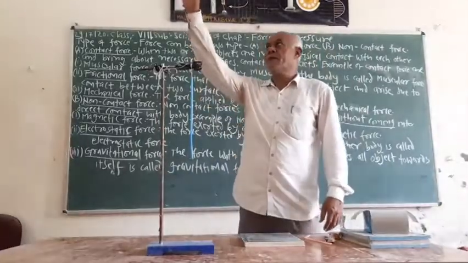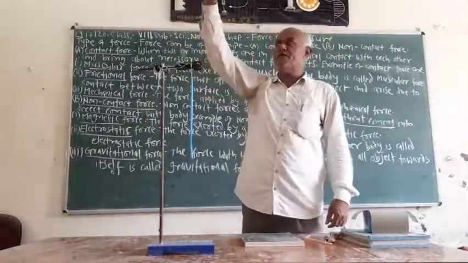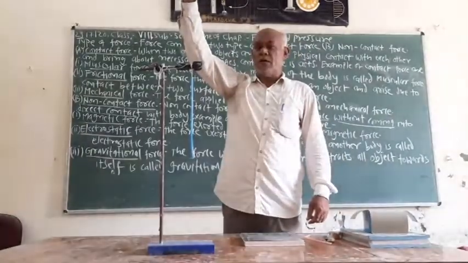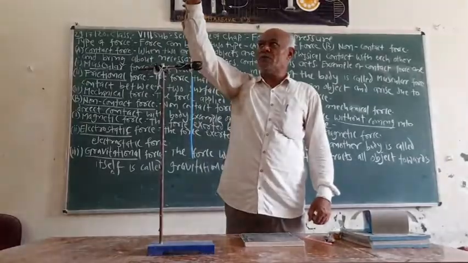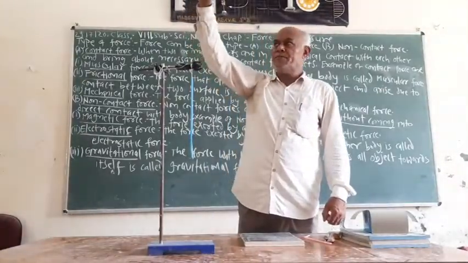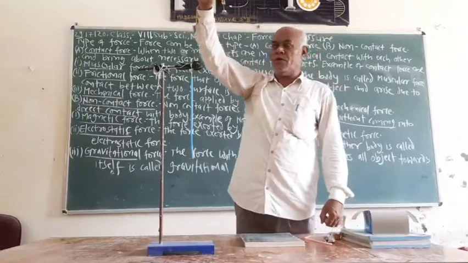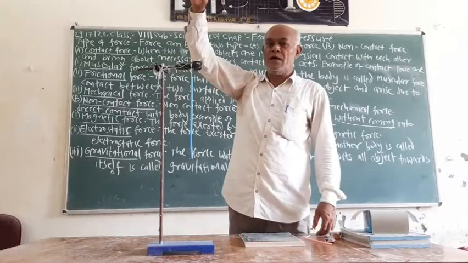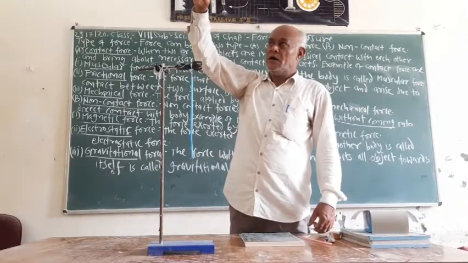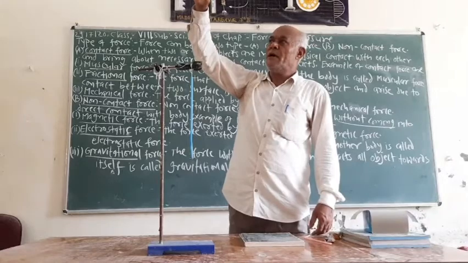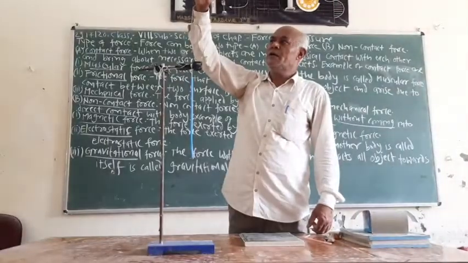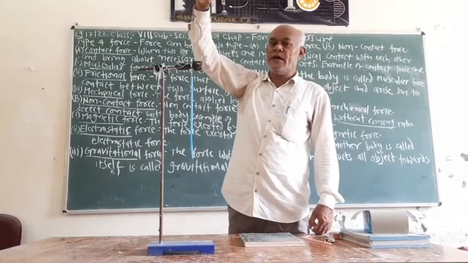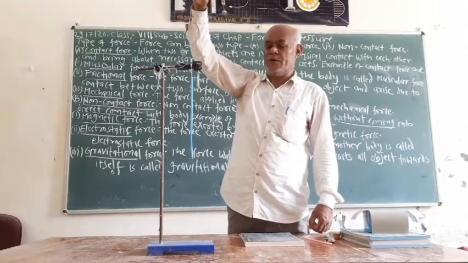If I release this chalk from my hand, it comes towards the earth. This force is also a non-contact force because the piece of chalk is not in direct contact with the surface, but the earth attracts it from a distance without being in contact with the chalk, so it is an example of non-contact force.